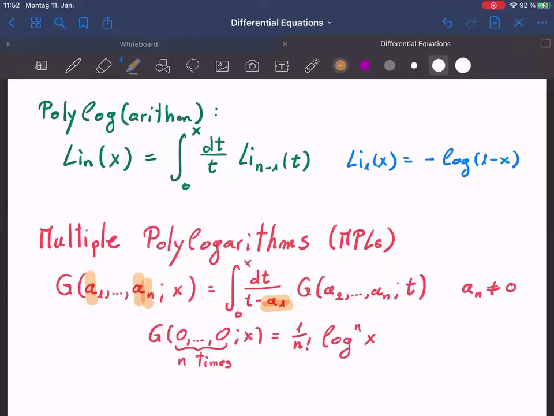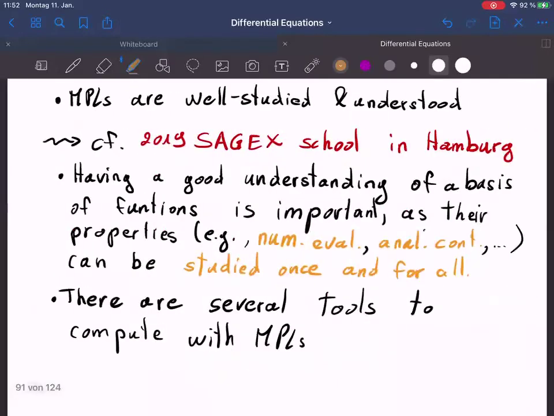Now, I was a bit quick on this. If you want, we can talk a bit more. The reason I was a bit quick is that there was a whole lecture on these functions at the SAGEX school 1.5 years ago in Hamburg. So if you go to the SAGEX page, you find a link to that lecture, which as far as I remember was recorded. I'm not 100% sure, but definitely find the material there.